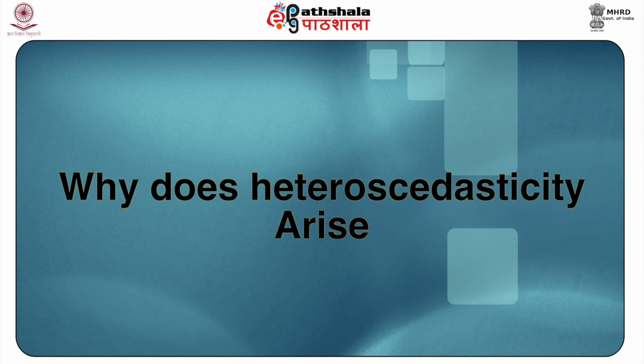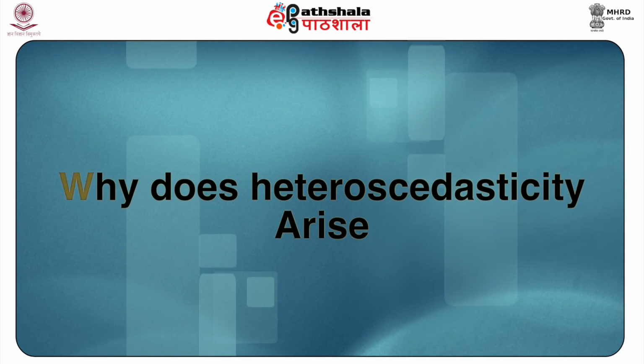Section 5 highlights the serious consequences of using ordinary least squares or OLS for estimation and statistical inference in heteroscedastic regression models. The module summary is presented in the last section. So let us understand why heteroscedasticity arises in this section 3.